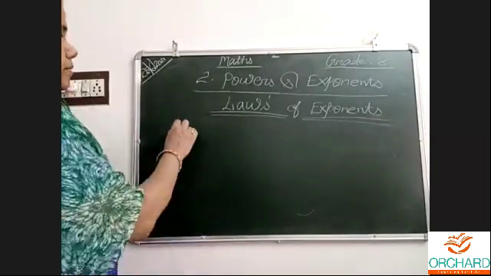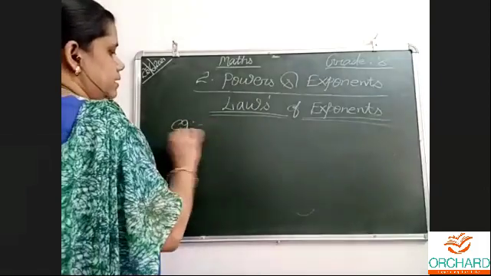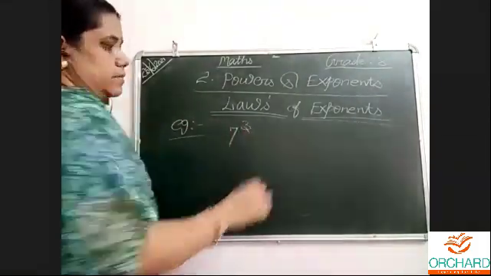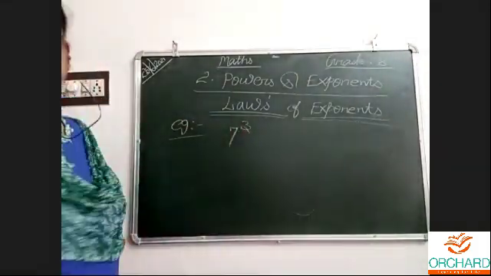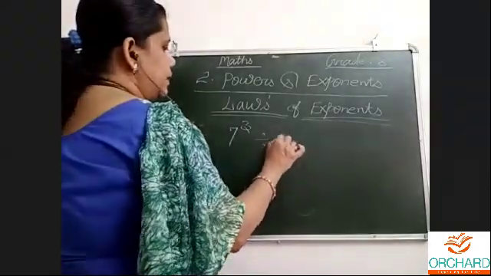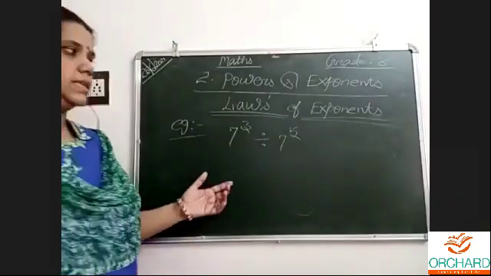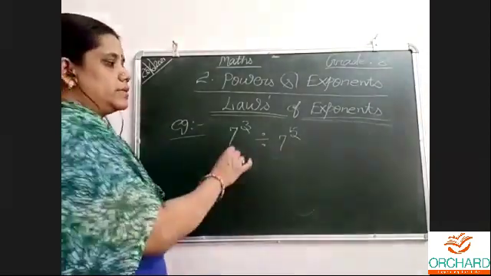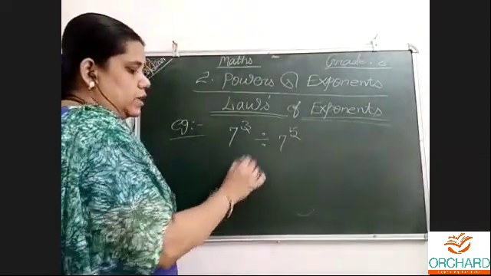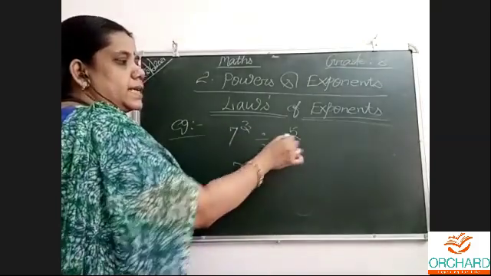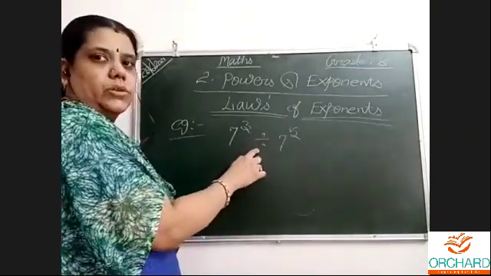Let us see one different example like this. For example, 7 power 3 divides 7 power 5. One example sum to solve like this. How to solve? 7 is the base. Division symbol is there, so what to do?